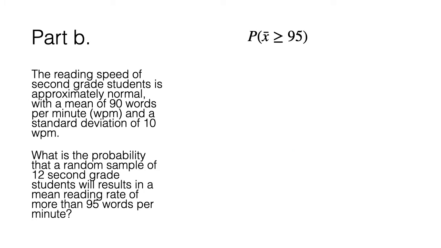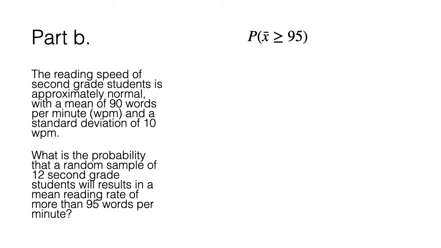Now Part B says we have 12 second grade students, and we want to know the probability that the mean reading rate is at least 95. This is a probability statement involving X bar: the probability that X bar is greater than or equal to 95. Now I have to come up with the distribution for X bar.